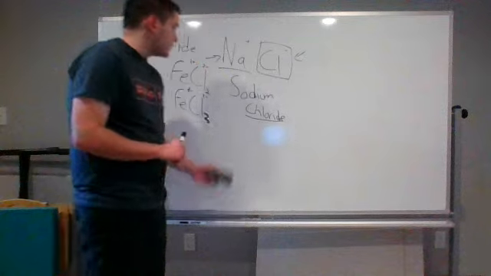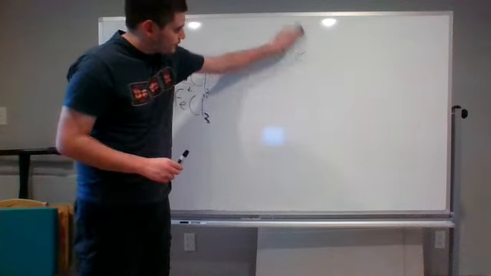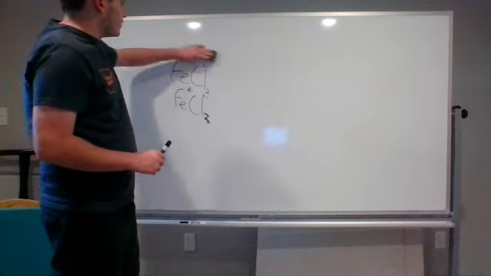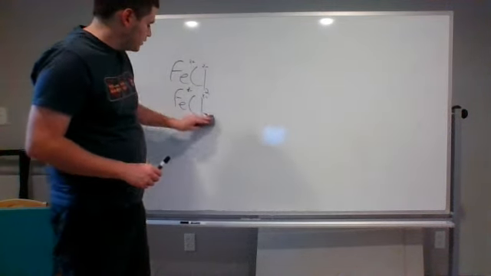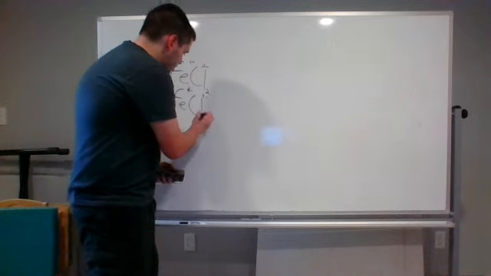Because it's not a simple monoatomic. In the case where you're working with a lot of transition metals, a lot of transition metals have more than one charge, more than one electron state.